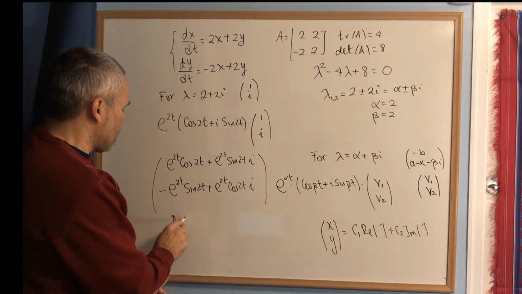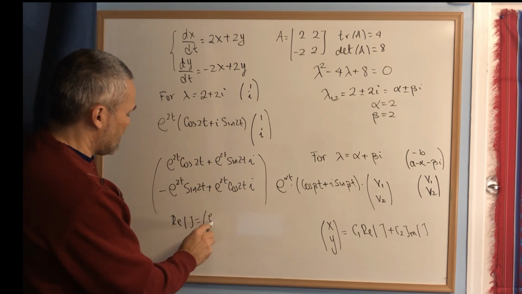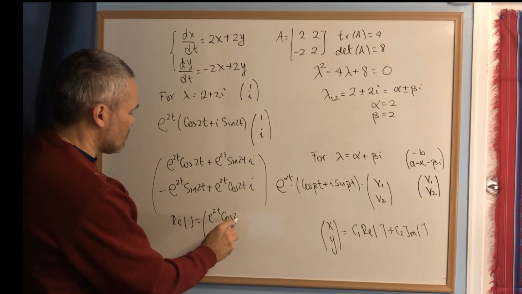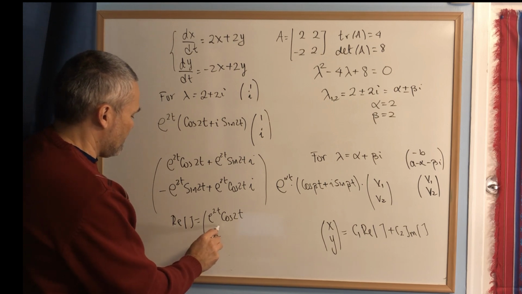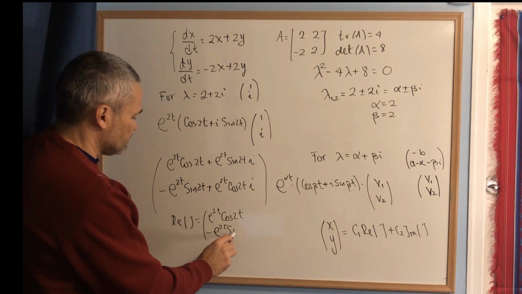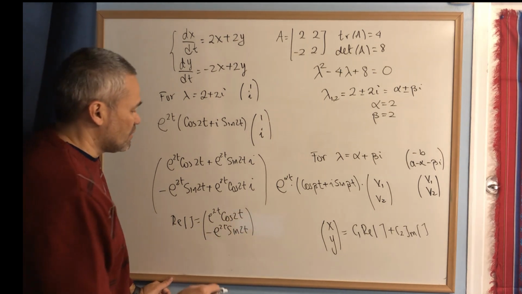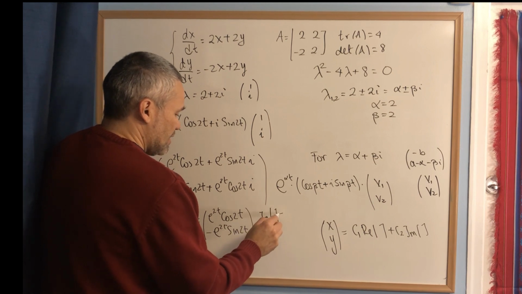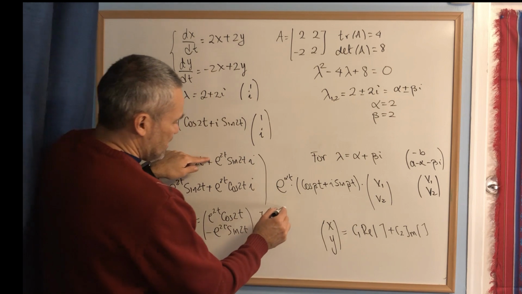The real part of that expression is e to the 2t times cosine of 2t, and the negative e to the 2t sine of 2t. This is the real part. And what is the imaginary part? The imaginary part is the part that has the i. It's an e to the 2t.